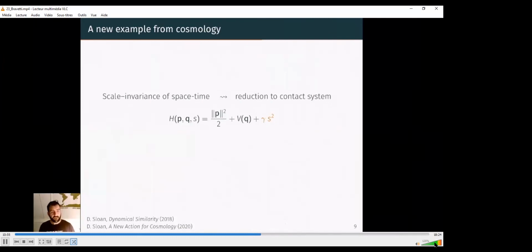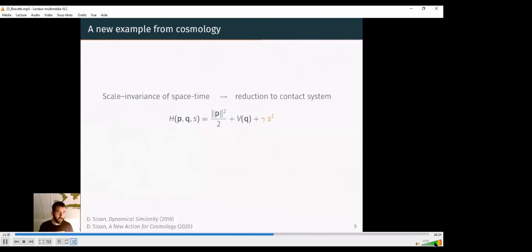Now we want to look at the works of David Sloan and more recently of David Sloan and Sean Grebe, and even some past work from his collaborators, in which they discuss Friedmann-Lemaître space-time and Bianchi models in cosmology. What happens is that there is a singularity there that depends on the change of scale in your system, but the space-time is actually scale invariant, and this scale invariance can be seen in terms of contact geometry.